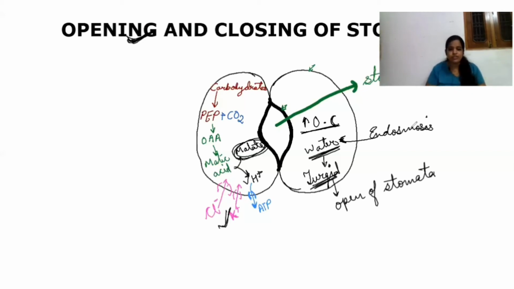Now, once endosmosis occurs, meaning water has entered inside, the cells become turgid, meaning they become fully swollen, they don't need water anymore. These are the normal guard cells; once the water enters, they become turgid and they will open like this. And the gaseous exchange will occur through the stomatal pore like this.